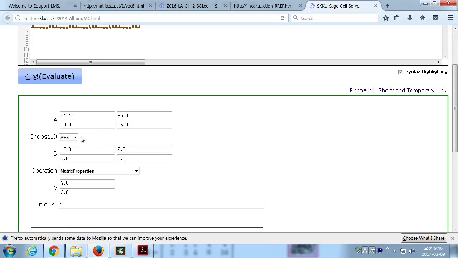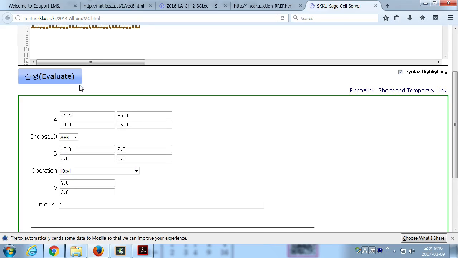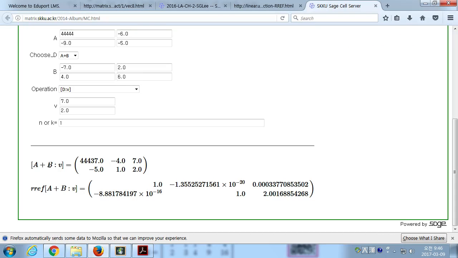It automatically gives you that. From here, you can also do computation. You can find the augmented matrix of A plus B with the vector V here. This is the RREF of the augmented matrix of A plus B with the vector V.